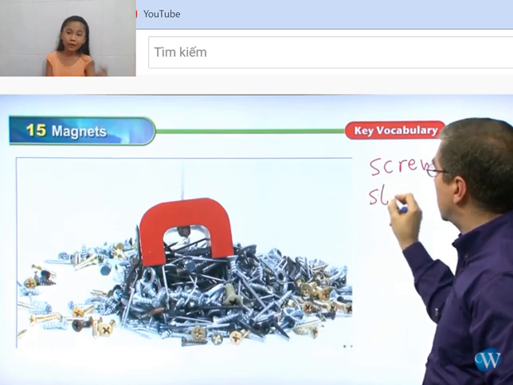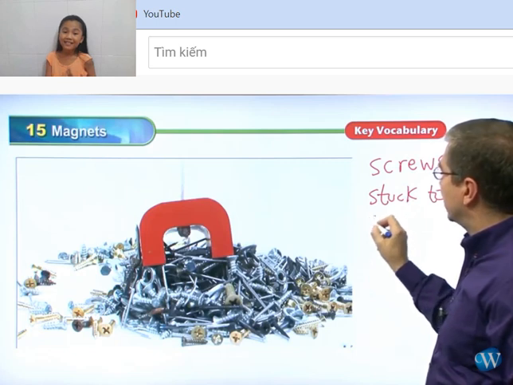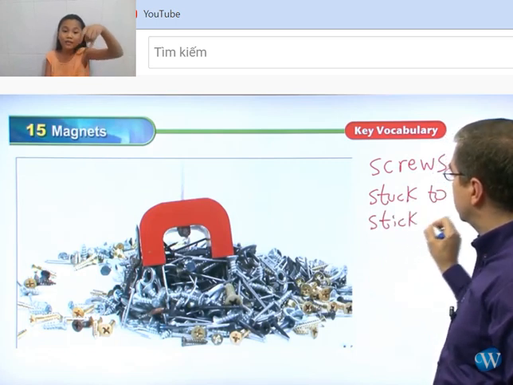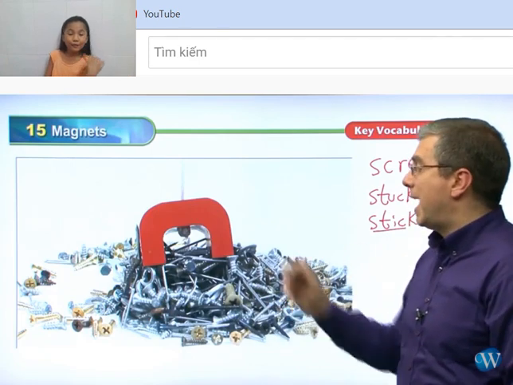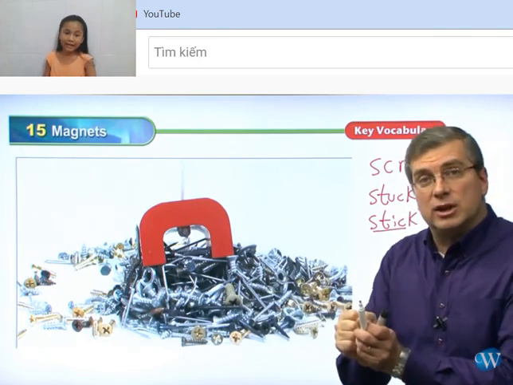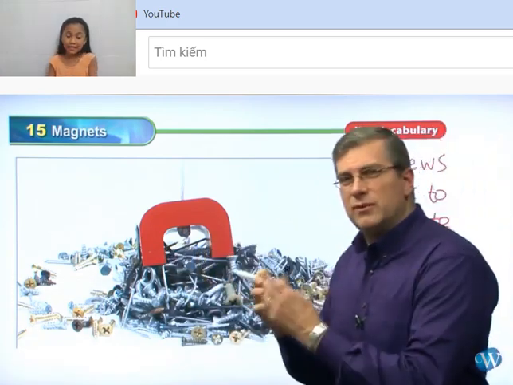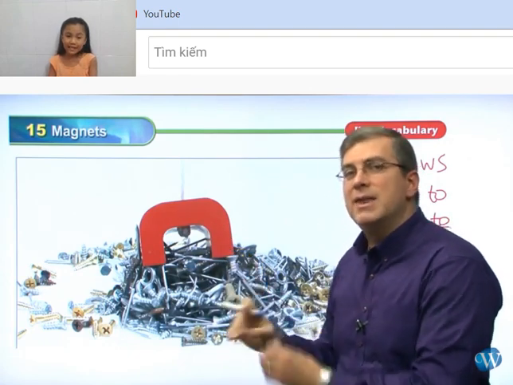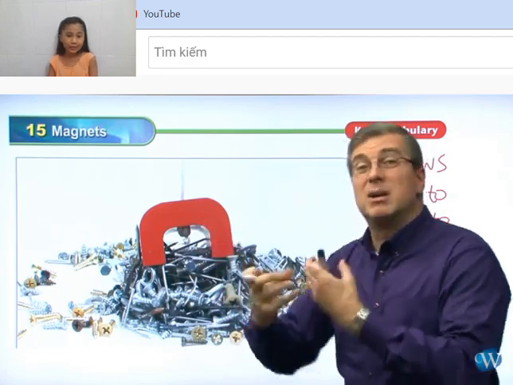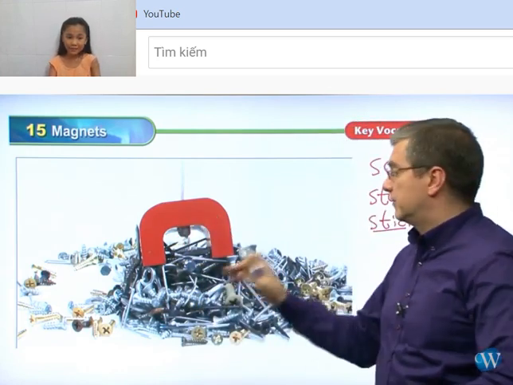But when the magnet goes up, the pieces that have been stuck to the magnet will stick to it and move up with the magnet too. So these are magnets. They are attracting these nails, these screws, these clipboards. They attract iron and steel, so we will talk about it later.